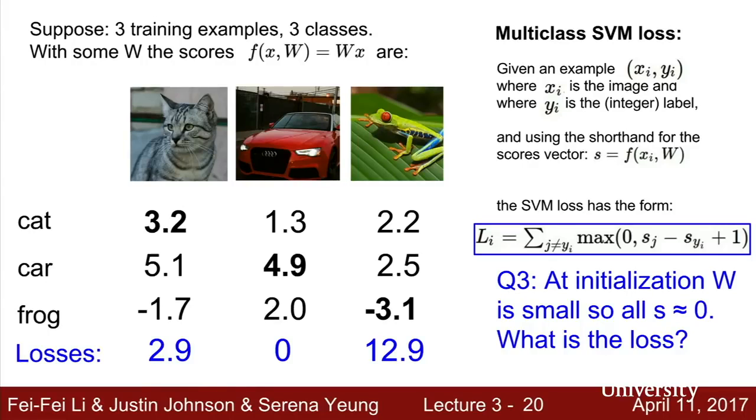Another question: when you initialize these things and start training from scratch, you usually initialize W with some small random values. As a result, your scores tend to be small, uniform random values at the beginning of training. So if all of the scores S are approximately 0 and approximately equal, what kind of loss do you expect when using the multi-class SVM?